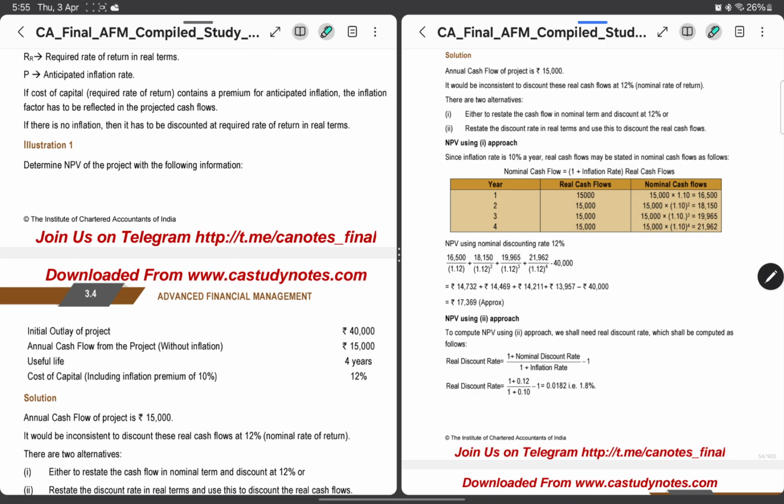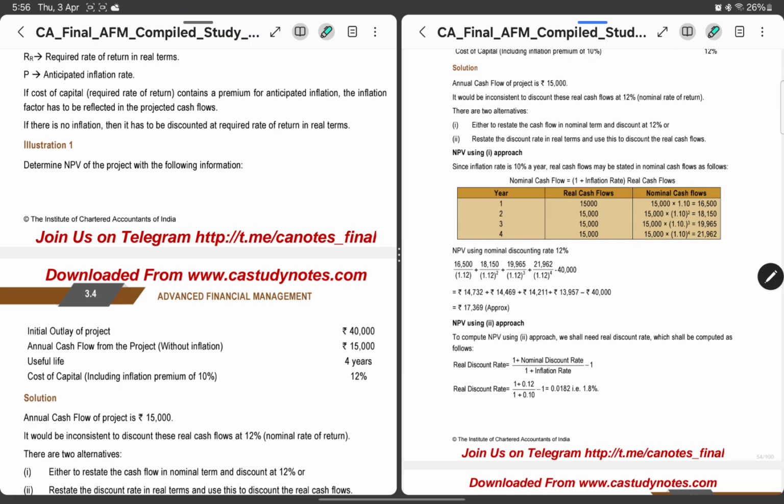Then we have to discount it at our 12%, since these are inflated cash flows. Finally, reducing our initial cash outflow, this gives us approximately 17,369, which is positive, so we can accept the project.